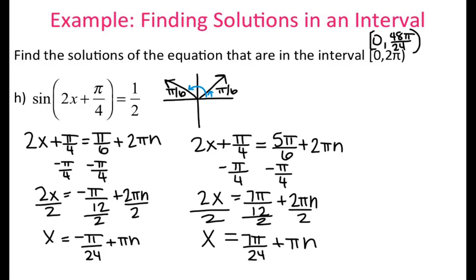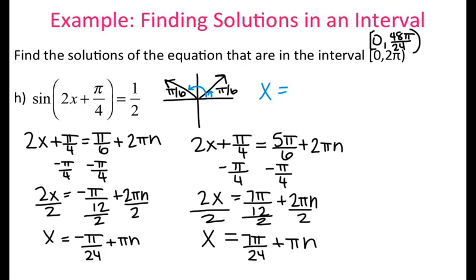So I'm going to start with negative pi over 24, and I'm going to go ahead and add pi n. So I'm going to do negative 1 over 24 in the calculator plus pi n, which is just going to be 1, because you don't want to put the pi's in, because that's just going to not give you things that are fractionable.